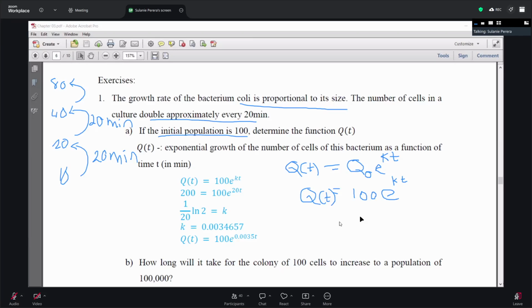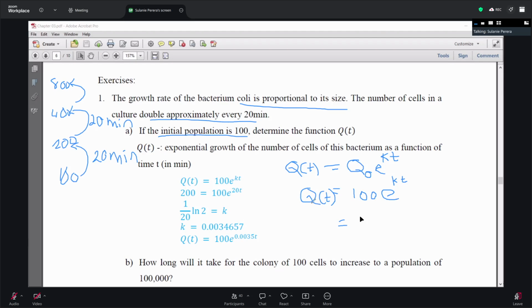If it doubles, what should I substitute for Q(t)? Initially there was 100, so doubles, 200, 400, 800.